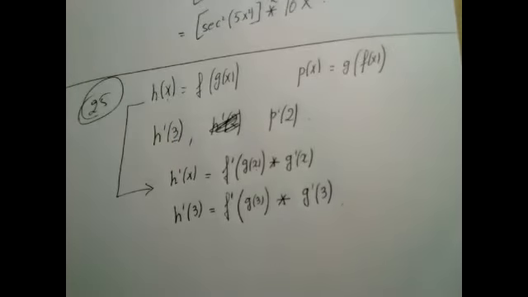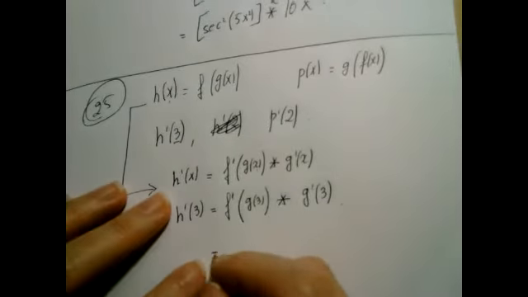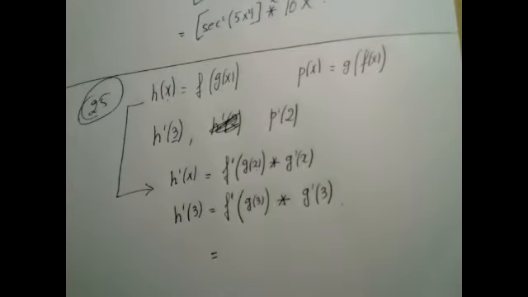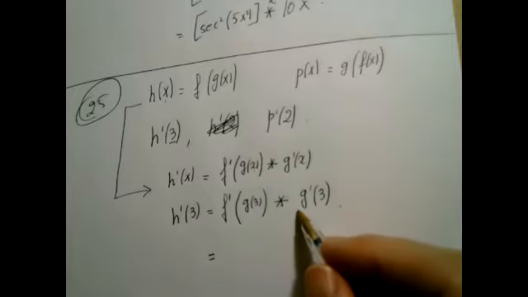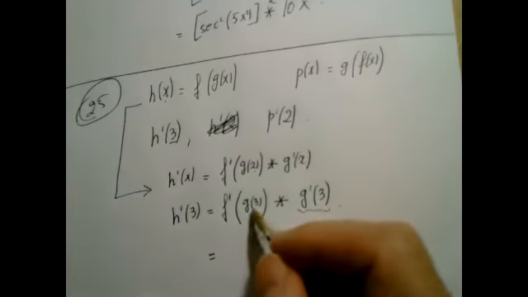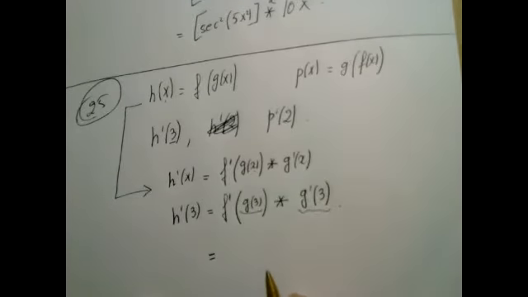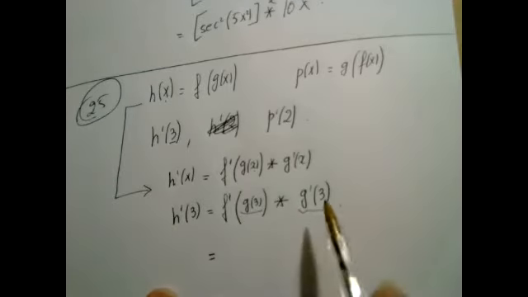That's the setup. Now we go to our table and pick up the values. To be able to find h prime, I need two things: g prime and g of 3. And actually I need something else. So let us see what we have.